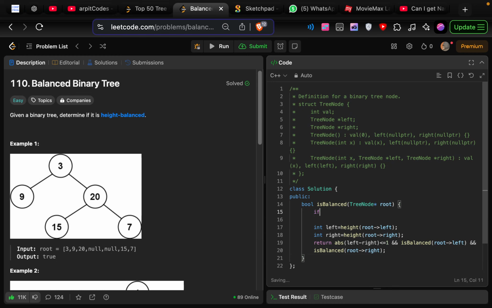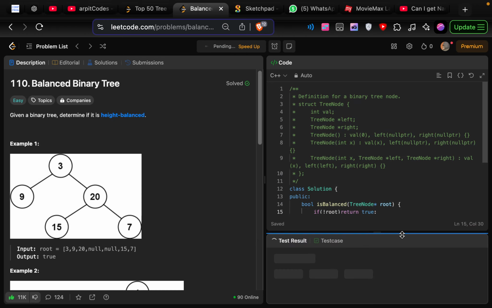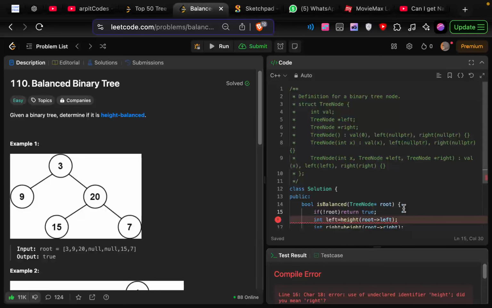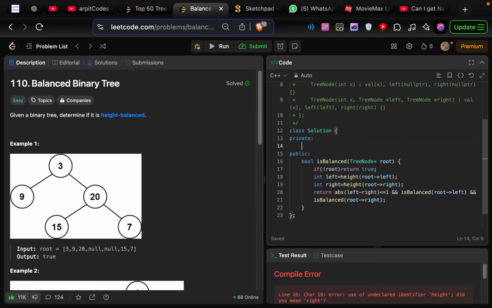The base case will hit if it is not defined, just return true. This is not efficient because this takes time complexity of O(n squared). This one has an issue because we have not defined the height function, which just returns an integer.